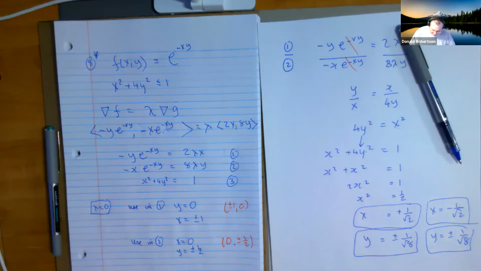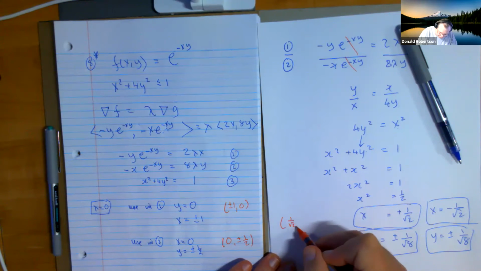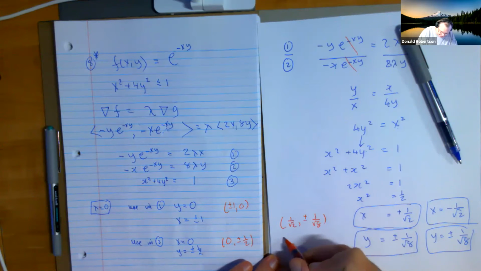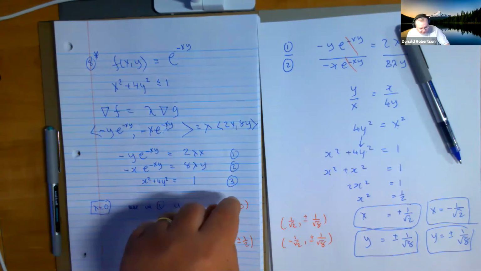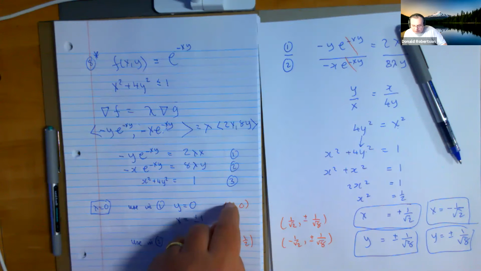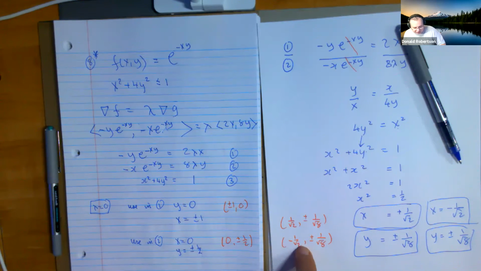Which means we get 1 over root 2 plus or minus 1 over root 8 and negative 1 over root 2 plus or minus 1 over root 8. So there's 2 coordinates, 2 choices, 2, 2, 8 places.